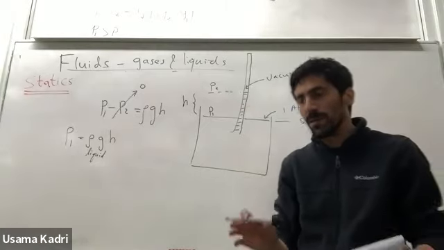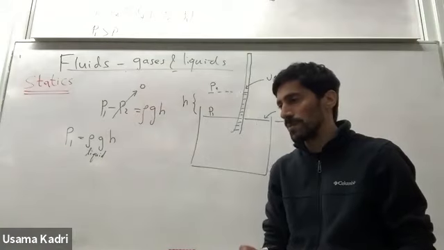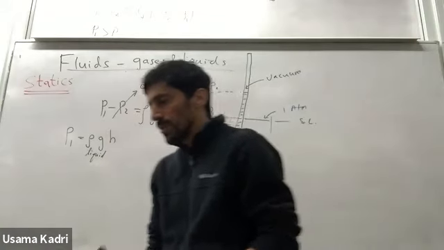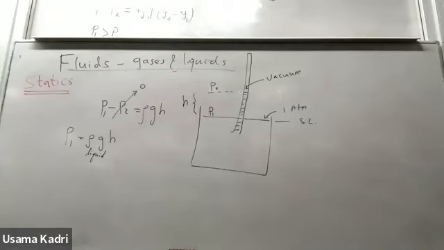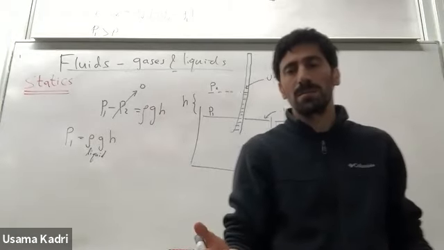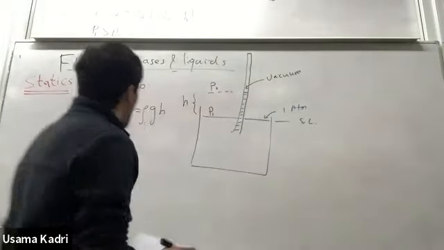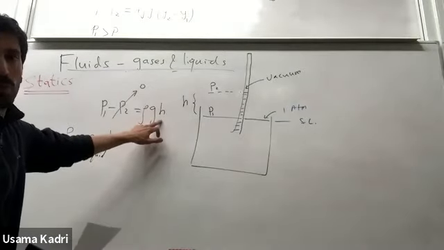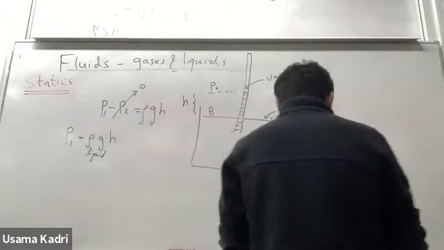Okay, I don't want to tell you how far you should go, but it's not practical. I want you to try that yourselves. So it has been done using mercury. Mercury is almost 13 times larger than the density of water, right? So you don't need to go that high.